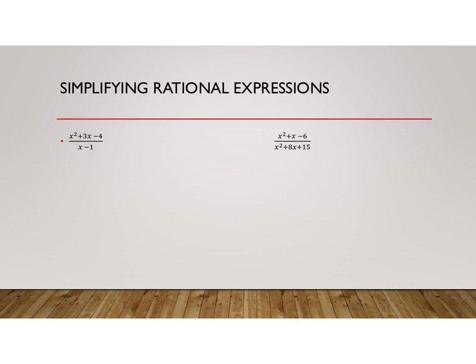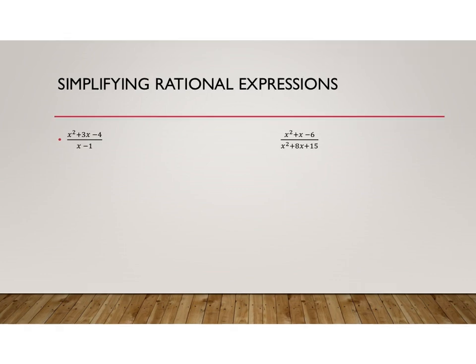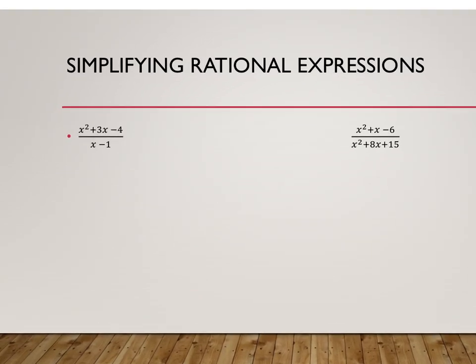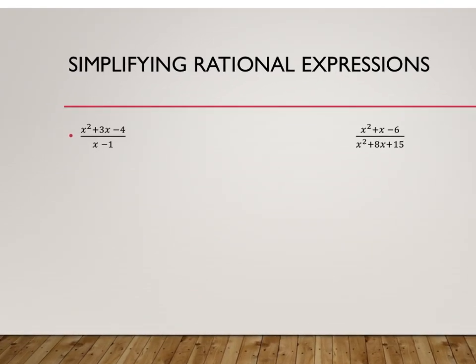Okay, just some examples on simplifying rational expressions. So in this first example, we're going to look at this and try to factor everything as completely as you can. That top expression is a quadratic. It's not difference of squares. It's not a perfect square trinomial. So I'm going to try to factor that by trial and error.